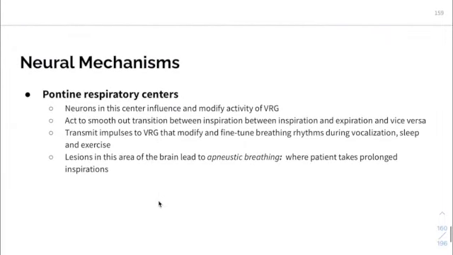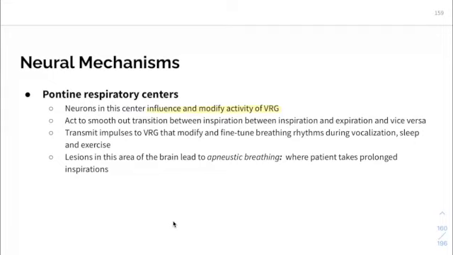What about these pontine respiratory centers? The pontine respiratory centers may influence, or modify, the activity of the ventral respiratory group. Because when we breathe in, we want to just naturally breathe out.